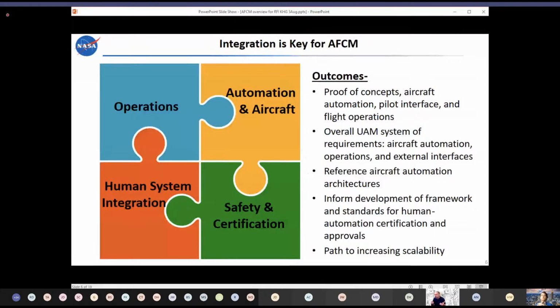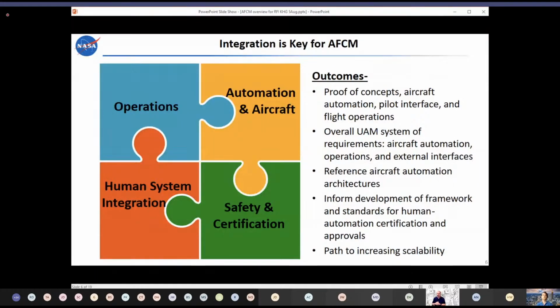I want to highlight that this is a broader area than just thinking in terms of the automation technology. I tend to view this as there being 4 major puzzle pieces to being successful in this area. First is developing and understanding the operational environment for UAM.